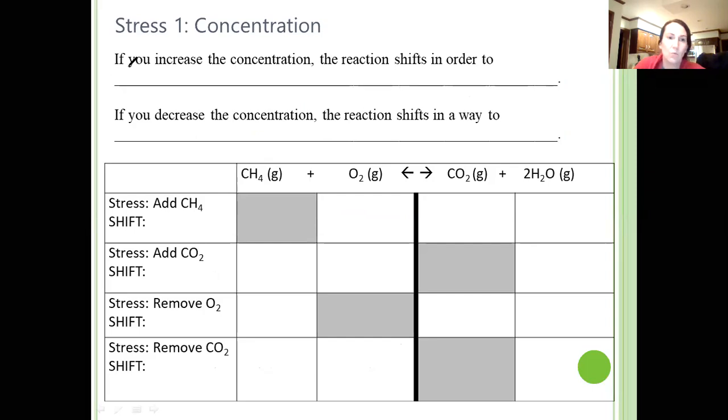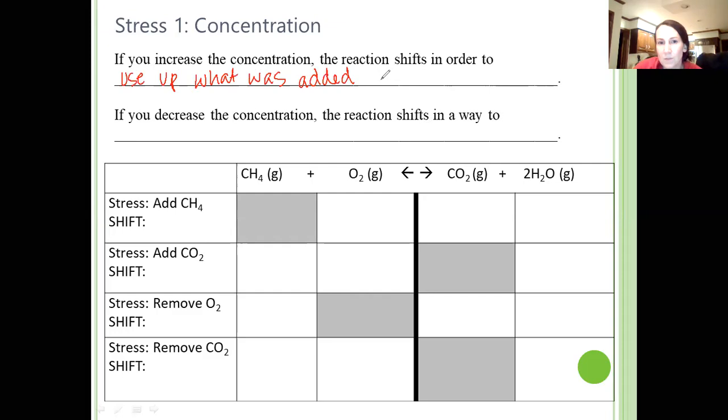Okay, so here's the rule. If you increase the concentration, the reaction is going to shift in a way to use up what was added. So in the reaction above, the thing that was added was being added to the left side.